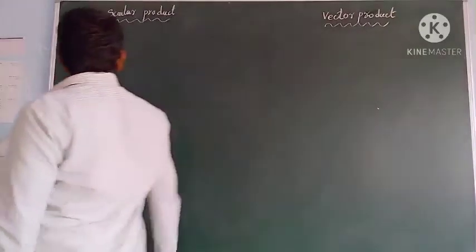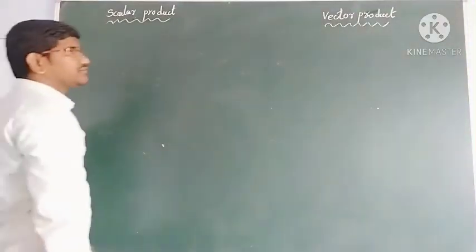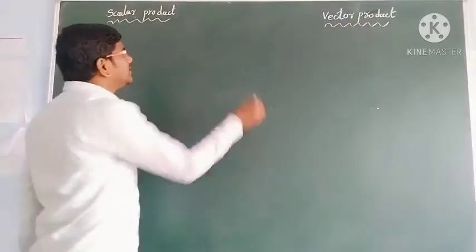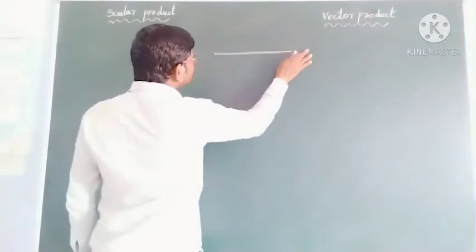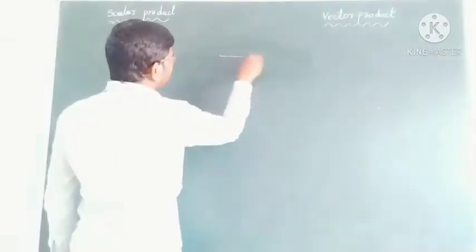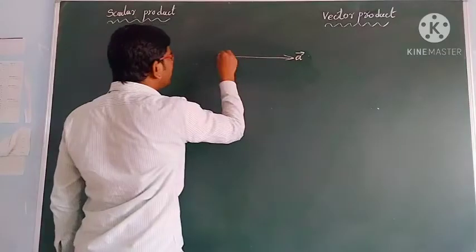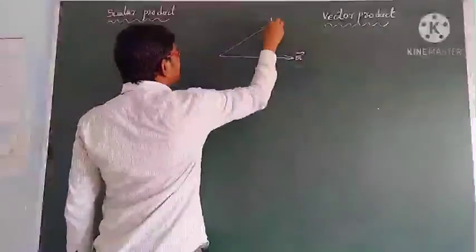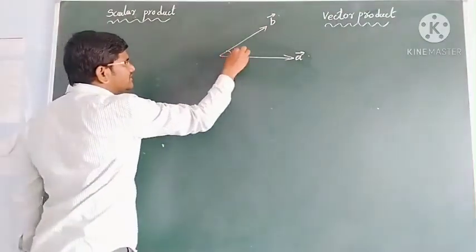Okay students, now I am taking A and B as two vectors. A bar is a vector and B bar is another vector, and the angle between them is theta.